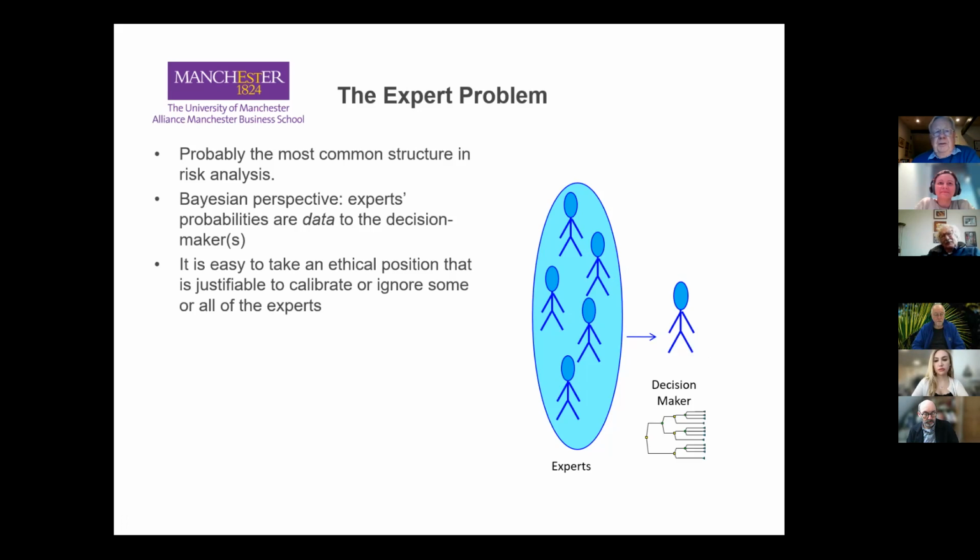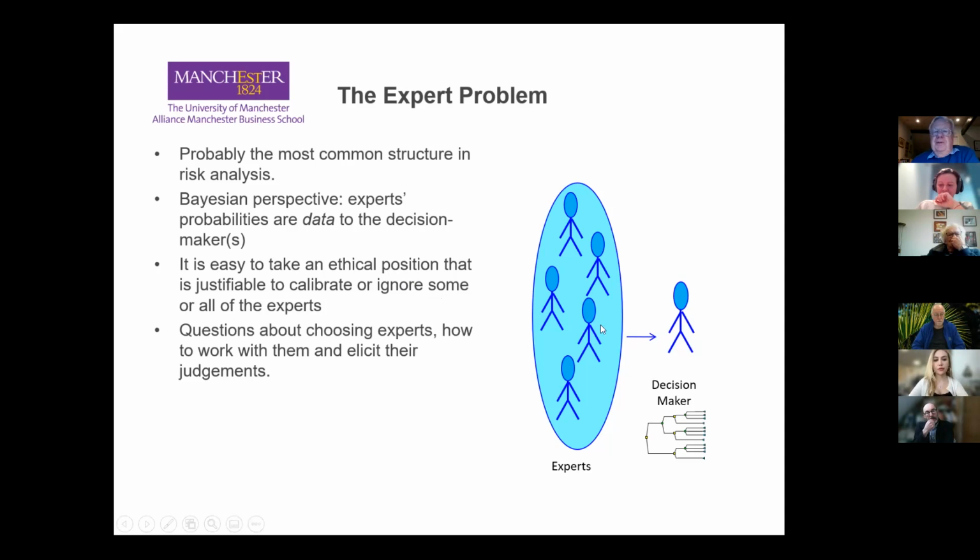And one of the things you might want to do is to calibrate them, because experts are not perfect judges and they can be overconfident, underconfident, and all of those things. So there's an ethical approval, if you like, that the decision maker can calibrate them and even ignore them. And if you couldn't ignore the experts, Roger's classical method would have a lot of problems. But it's ethical. There's a good reason to think about why you might ignore some of them.